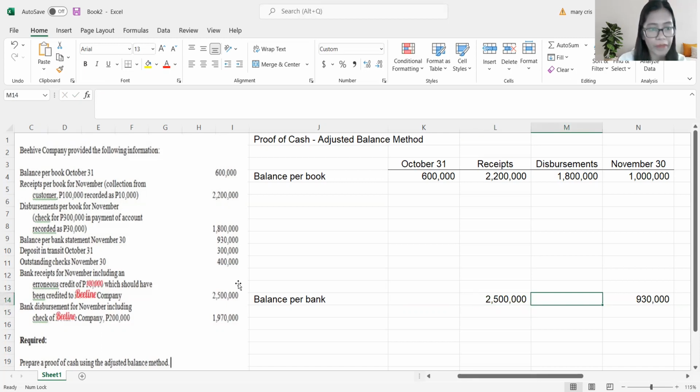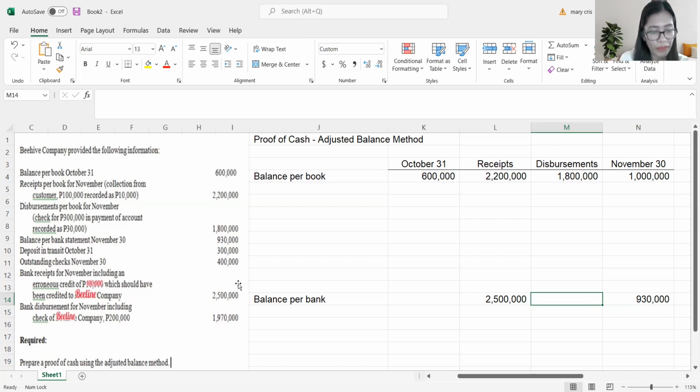And then later na lang natin i-analyze yung bank error din, kasi may na-indicate dito that there is an erroneous credit amounting to 100,000. So dapat sana kay B-line yan, na-credit sa account ni Beehive. So there is overstatement of our bank receipts.